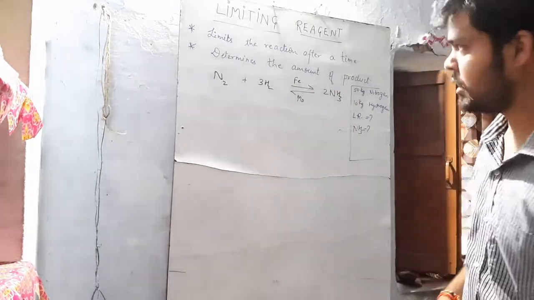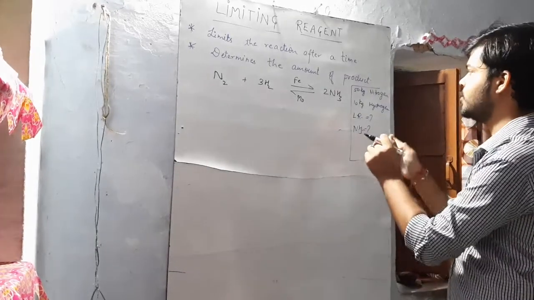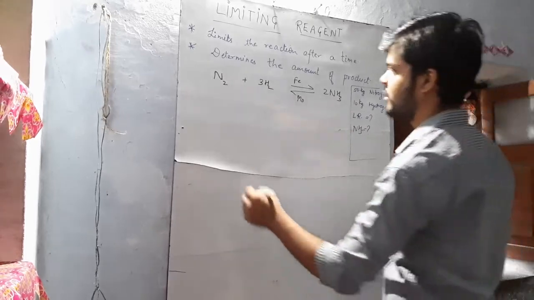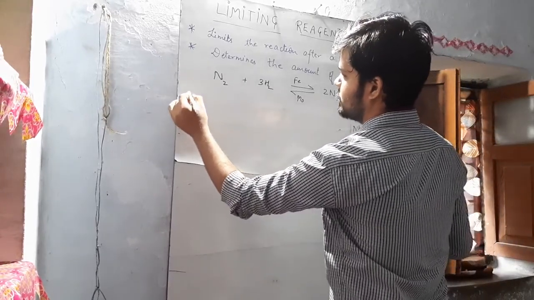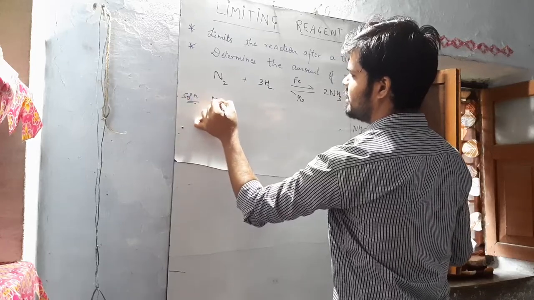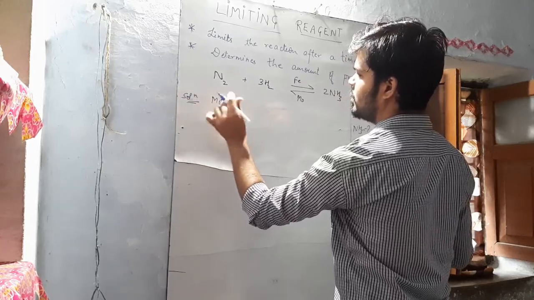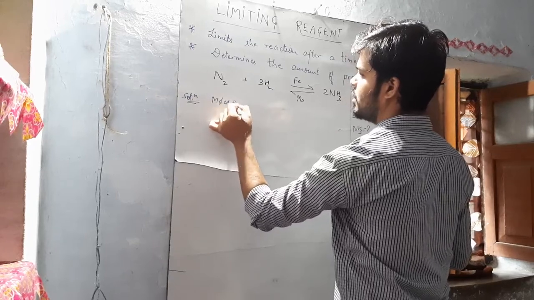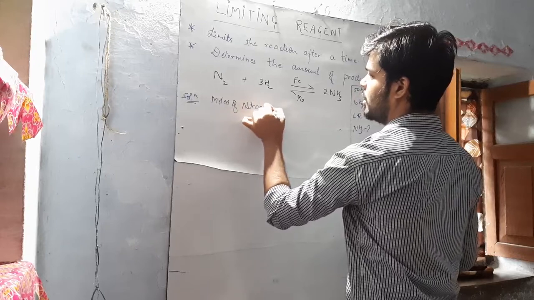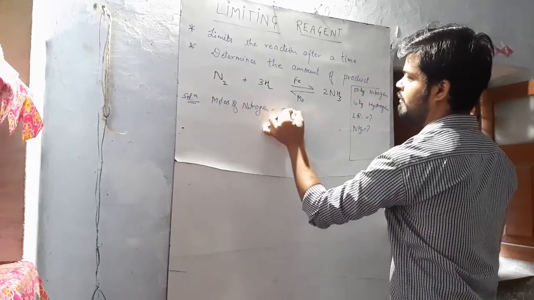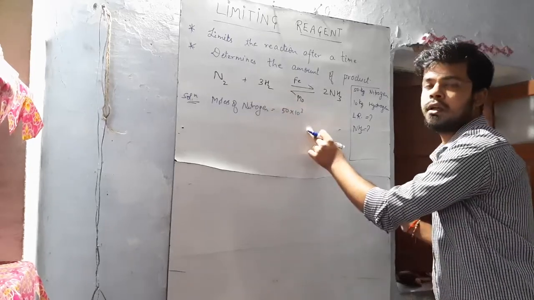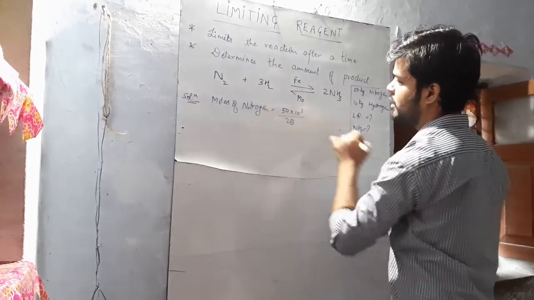So first of all, let's calculate the moles of nitrogen and hydrogen. Solution: it is very easy to calculate. Moles of nitrogen will be 50 into 10 power 3, it is in kilogram so we have to convert to gram, divided by 28.